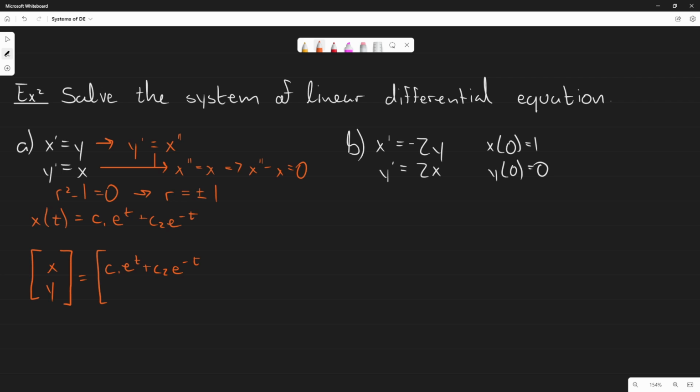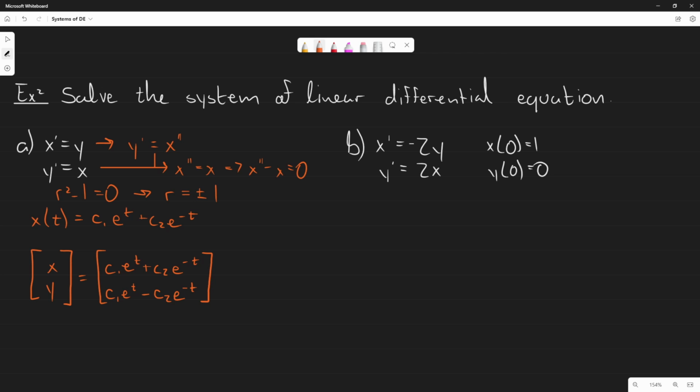So what we have to do is take the derivative of the solution that we found, and we will get c1 e to the t minus c2 e to the negative t. And so this will be our solution and our answer to this problem, and we can go ahead and move on to the next one.